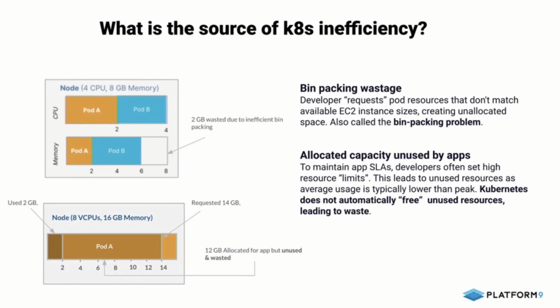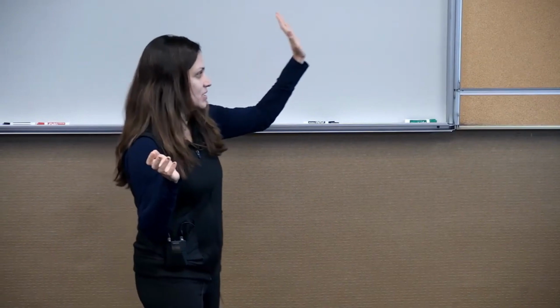I'm a developer, my app needs 14 GB of memory, so I set my request equal to limit so my quality of service is high. But 90 to 95% of the time, my app only uses 2 GB of that 14 GB, so the remaining 12 GB is just sitting wasted.